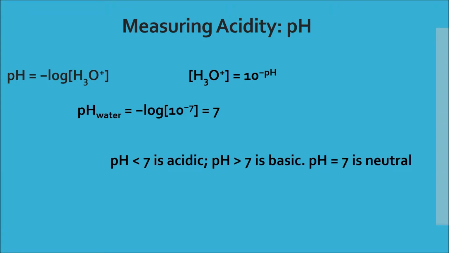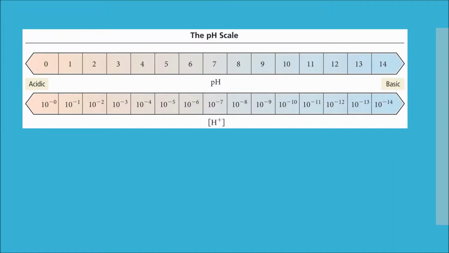And so the pH of water is equal to the negative log of 1 times 10 to the minus 7, which is 7. So if pH is less than 7, then the solution is acidic. If it's greater than 7, then the solution is basic. If the pH is equal to 7, then that solution is said to be a neutral solution.